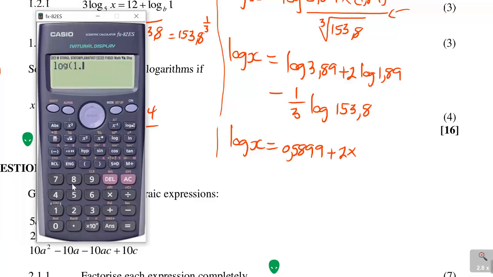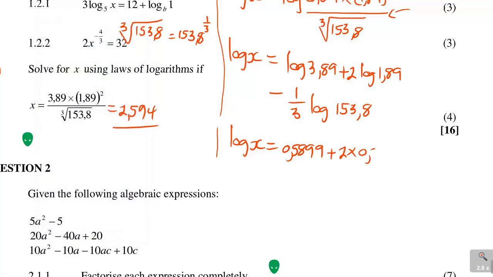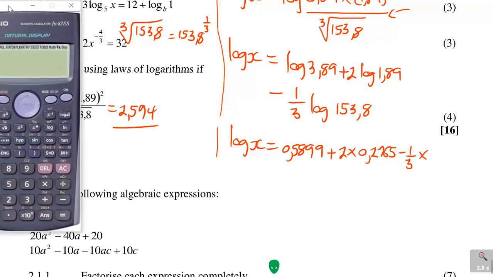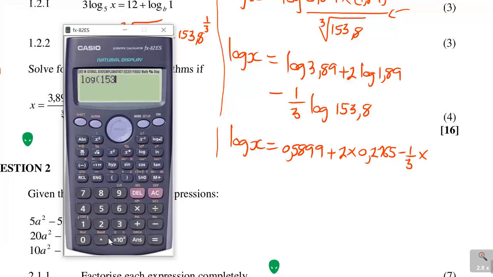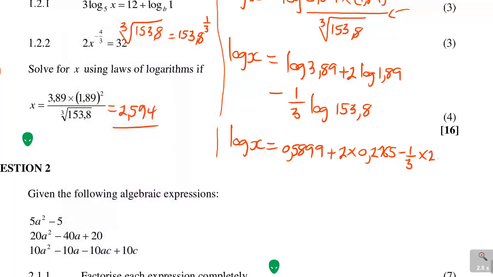We got 0.2765 to 4 decimal places. 0.2765 minus 1 over 3 times log 153.8 is giving me, rounding off to 4 decimal places, 2,1870. You see that?